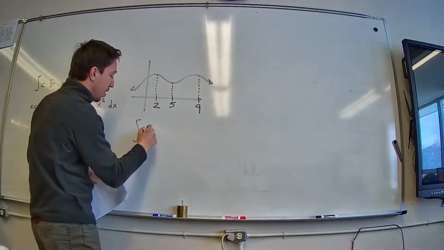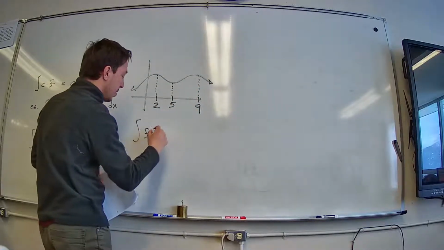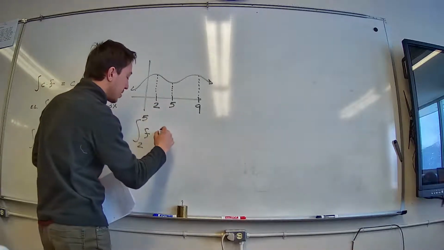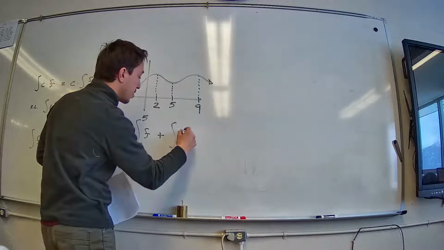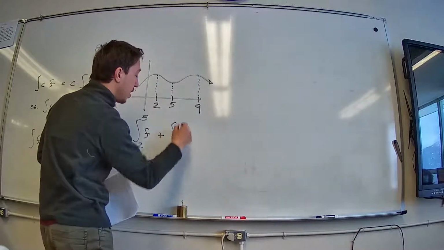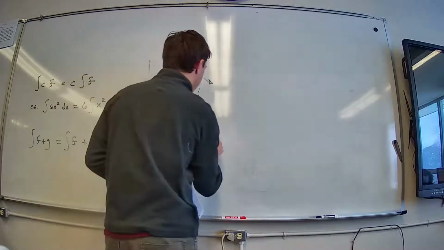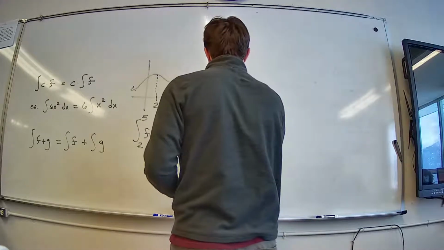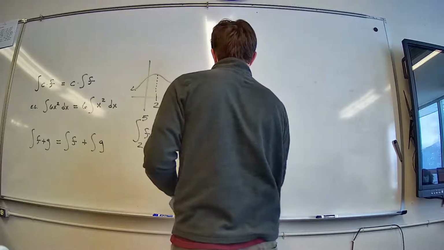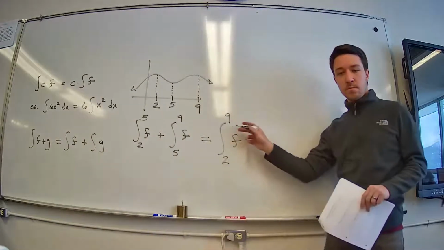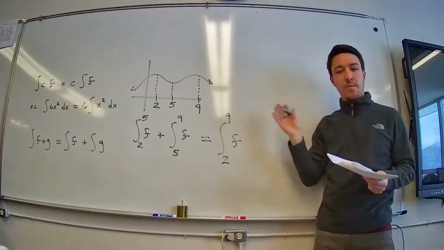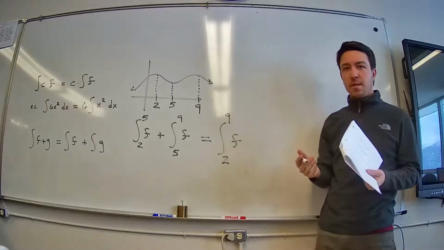The integral of your function from 2 to 5 plus the integral of your function from 5 to 9 is the same as the integral of your function from 2 to 9. Does that make sense to everyone? It's a very simple idea, but you can sometimes get lost in the weeds when doing a question.